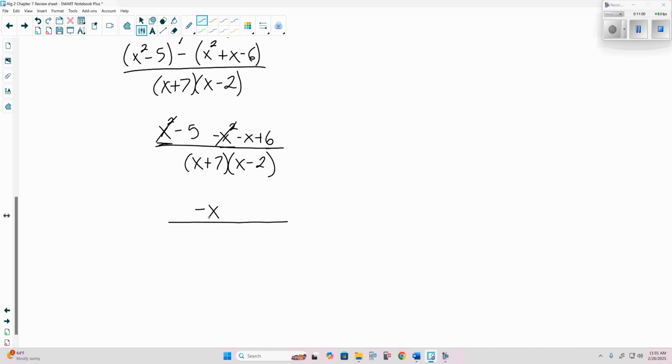Negative x does not have any like terms, so it's just negative x. And negative 5 plus 6 is 1, and that's as far as it goes. We could factor that negative out of the top, but it's not going to match up with anything on the bottom.